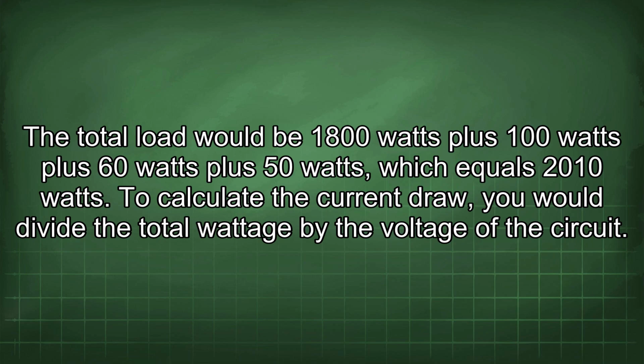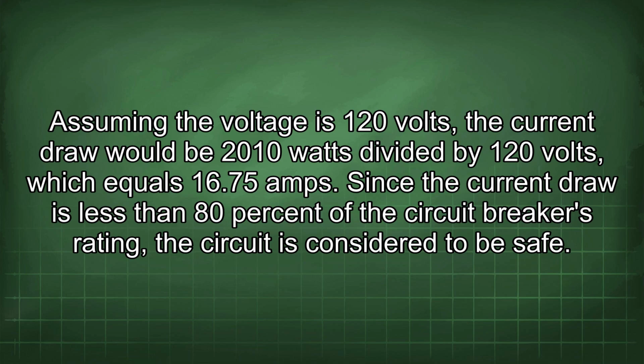To calculate the current draw, you would divide the total wattage by the voltage of the circuit. Assuming the voltage is 120 volts, the current draw would be 2010 watts divided by 120 volts, which equals 16.75 amps.